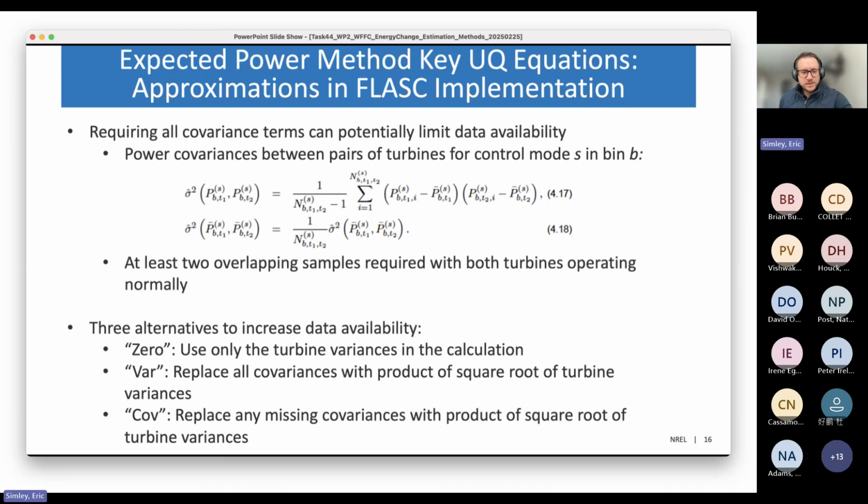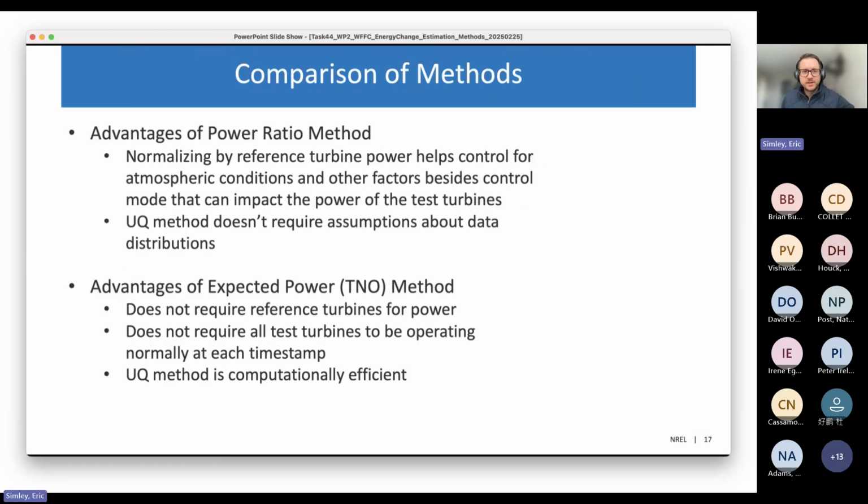If we use the covariance, that's usually the middle level of uncertainty that gets quantified. Variance ends up with the highest uncertainty. And if we zero out all the covariance terms, that probably underestimates the actual uncertainty. So in this method as it's implemented in FLASC, you can select those different options to handle when there's not enough data in a particular bin.